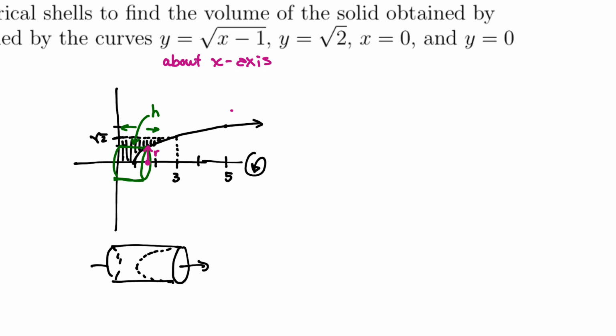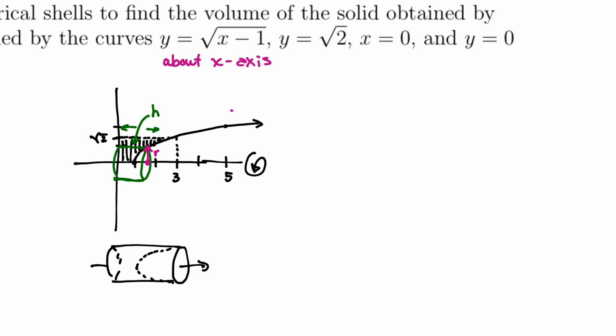Basically, your radius will always be perpendicular to your axis of rotation. No matter what method, your radius is always perpendicular to your axis of rotation because you're going around that thing. But in this case, a radius is defining this, and the height is this. And so can you guys see kind of what's going on here? Set that up and see if you get an answer.